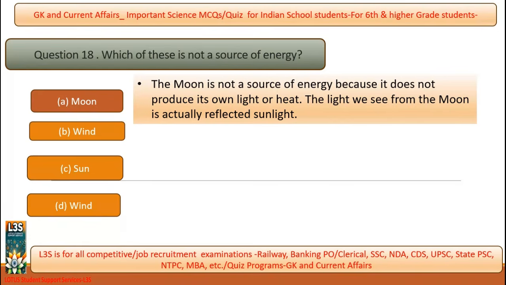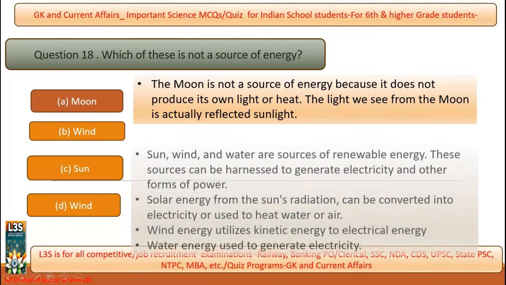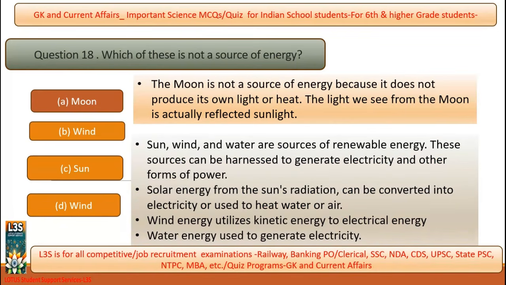On the other hand, sun and wind produce energies. From sun we get solar energy, and from wind, wind energy. Sun, wind and water are sources of renewable energy. These sources can be harnessed to generate electricity and other forms of power.